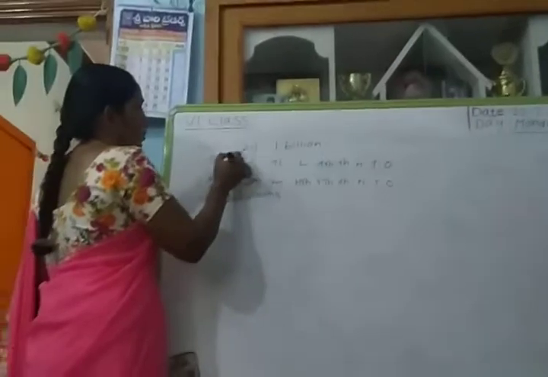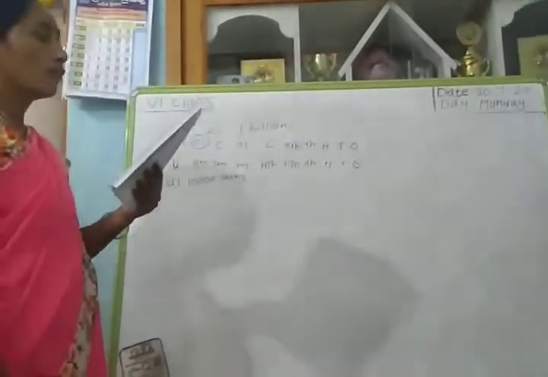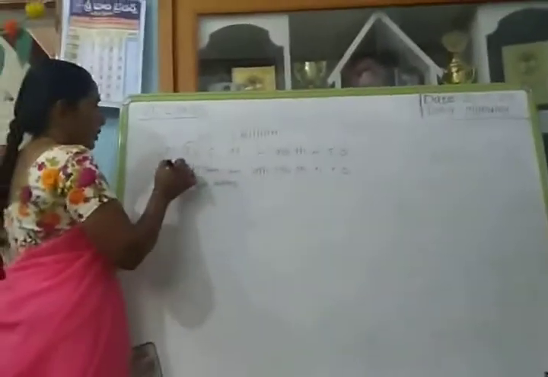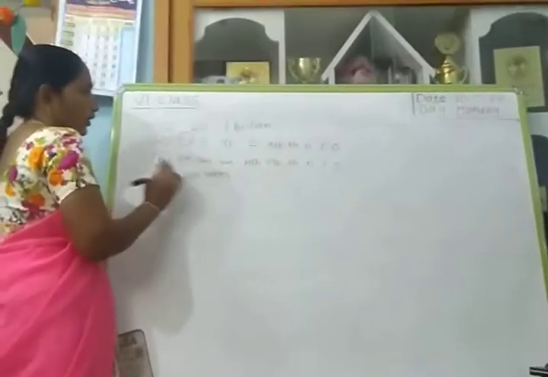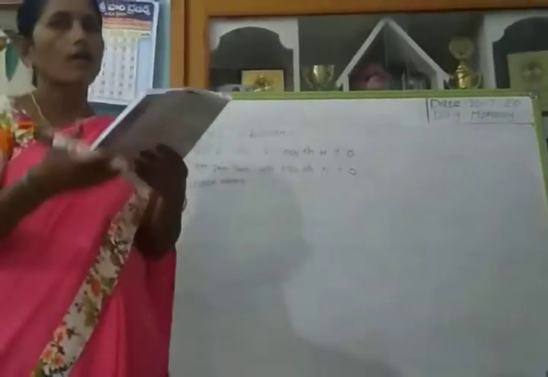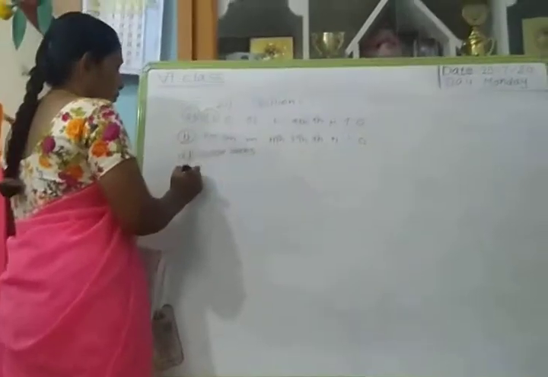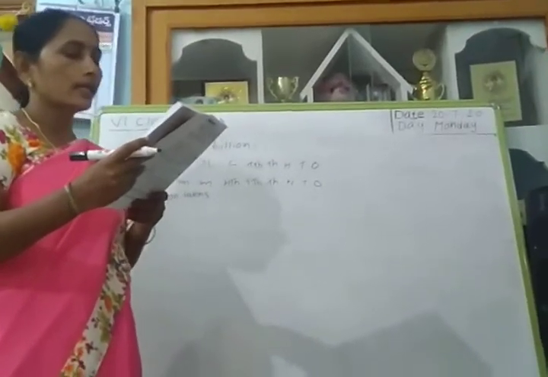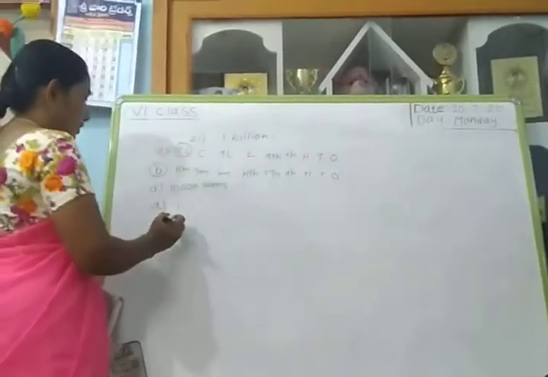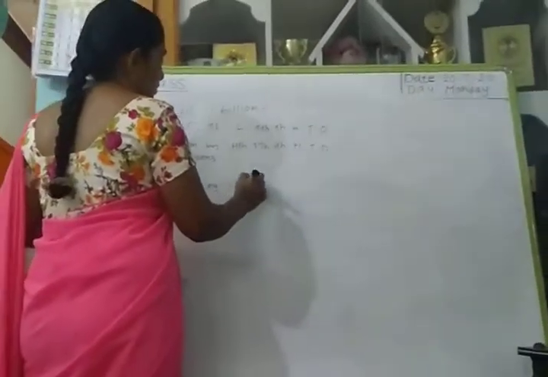Next, how many extra zeros are there in 1 billion as compared to 10 crores? We have to compare with 1 billion. How many zeros extra? 100 crores compared to 10 crores, how many zeros extra? 1 zero. So option A, 1 zero extra. Next one, 23: 1 kg is equal to how many grams?